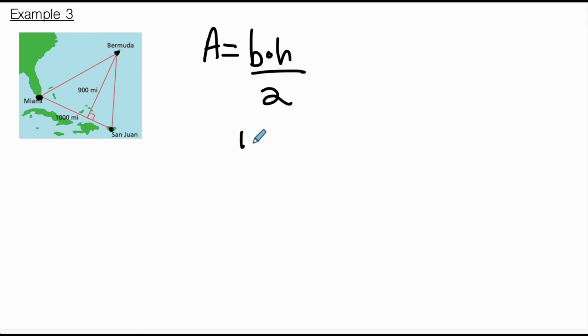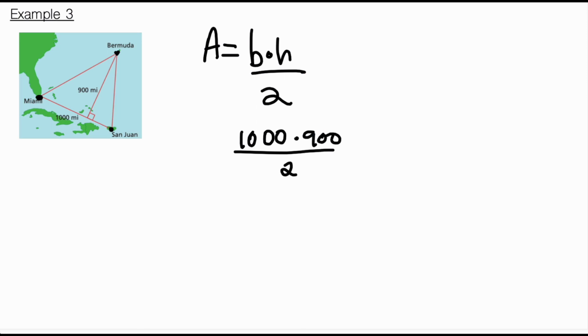So the base is 1,000 miles. It is approximately 1,000 miles from Miami to San Juan. That's where that distance came from. And then from Bermuda straight down to the base of the triangle that was formed is about a 900-mile distance. So 1,000 times 900, and then you just cut it in half.